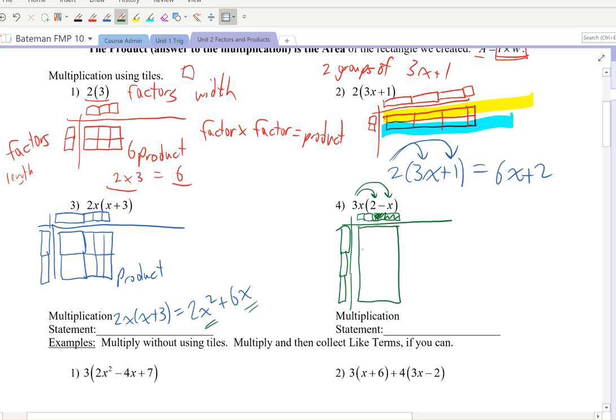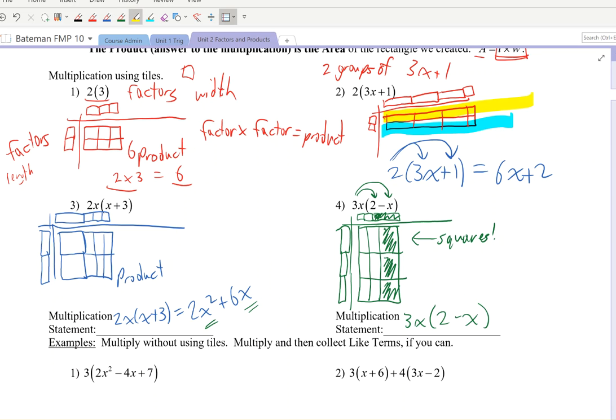And so then you would have these lines, oops, and these squares would all be shaded in. And those are perfect squares. My drawings aren't that great. Okay, so keep in mind those are all squares, at least that's what they're supposed to be if I could draw properly. And so the multiplication statement is 3x times 2 minus x, and you multiply by each part. There's two different parts to the multiplication. Okay.